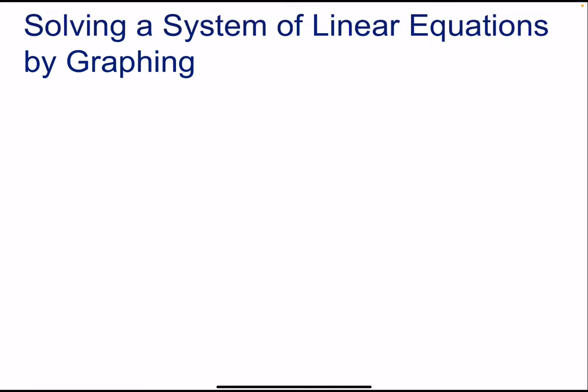So let's look at an example here. Suppose we have a system given by x plus y equals 4 and 2x minus y equals negative 1.